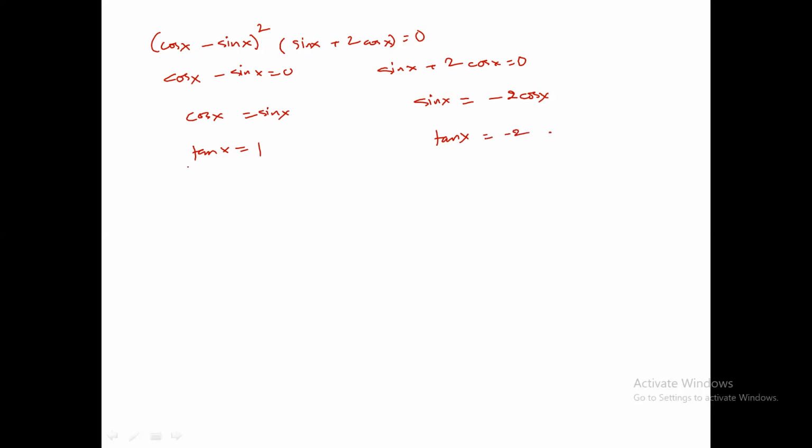Tan x cannot be minus 2 because x is between minus pi by 4 and pi by 4. So tan pi by 4 is 1, tan minus pi by 4 is minus 1.